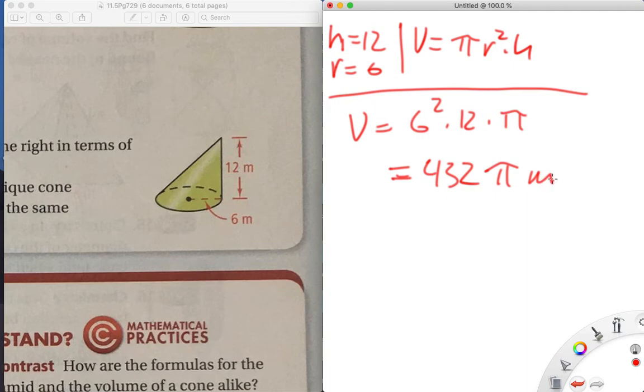In this case, it's going to be in meters cubed. So the radius is 6, we squared that and got 36, the height is 12, so 36 times 12 would give us 432, and it would be 432 pi.